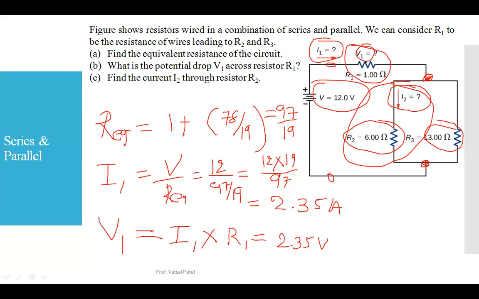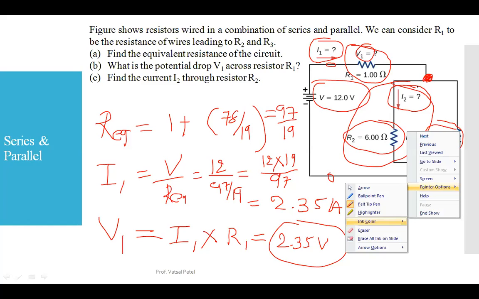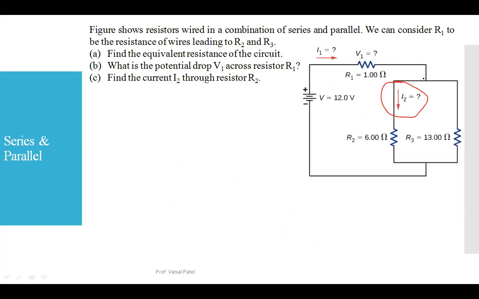If you subtract this value from the source, can you get the voltage between these two terminals? Right or wrong? So we want to identify this I2 component, and for that we require the voltage between these two terminals here.